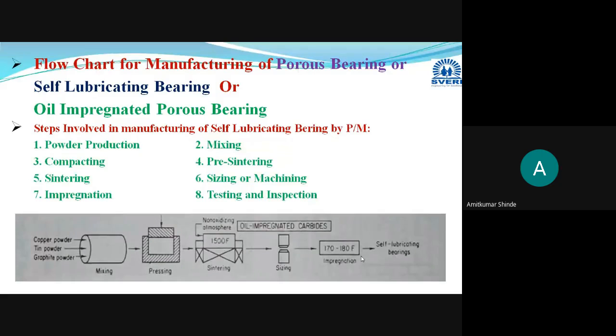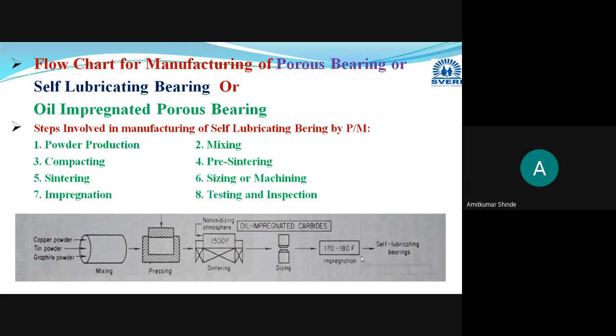In whichever vehicles we are using, it may be two-wheelers or different cars, buses, trucks and tractors, there may be sliding doors. Then there are different brakes and clutches, in which bearings will be there. And those bearings are nothing but self-lubricating bearings.